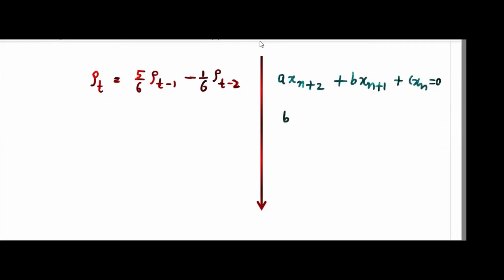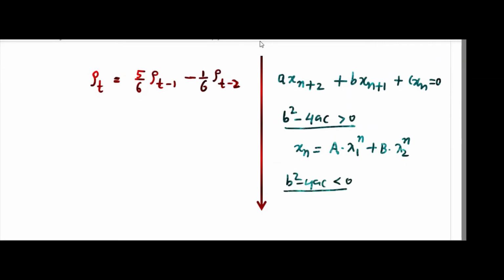And there are three conditions. If b square minus 4ac is positive, then you have a direct solution: xn is equal to a lambda 1 power n plus b lambda 2 power n.